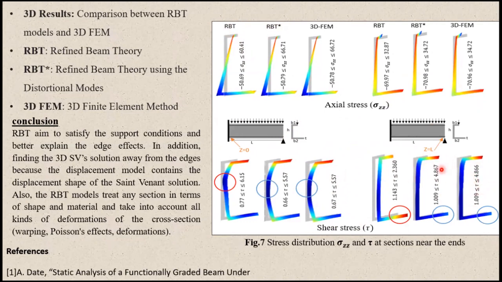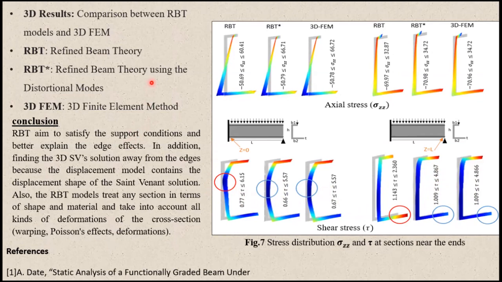For example, here we have equal values in the 3D deformation between our model and the 3D finite element method. And here we have certain differences that can be observed in the locations designated by the circles. As a conclusion, the refined beam theory aims to satisfy the support conditions and better explain the edge effects.